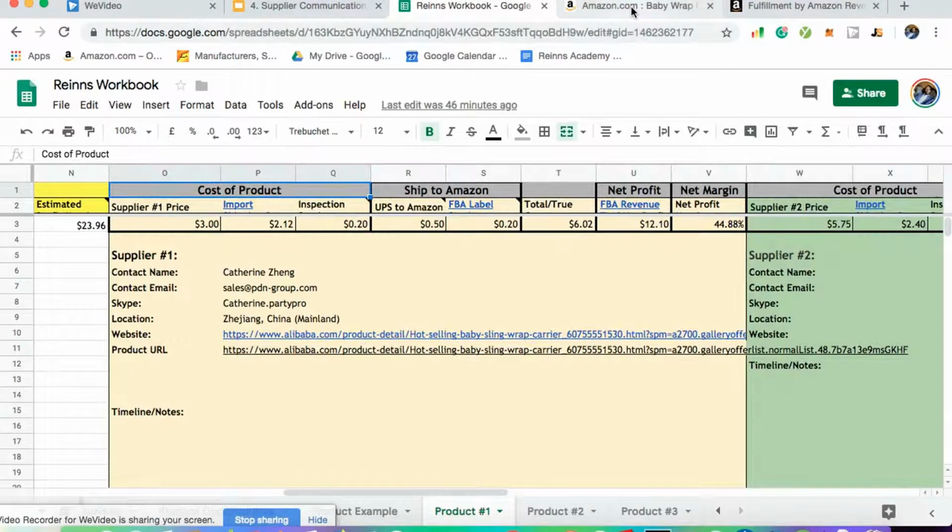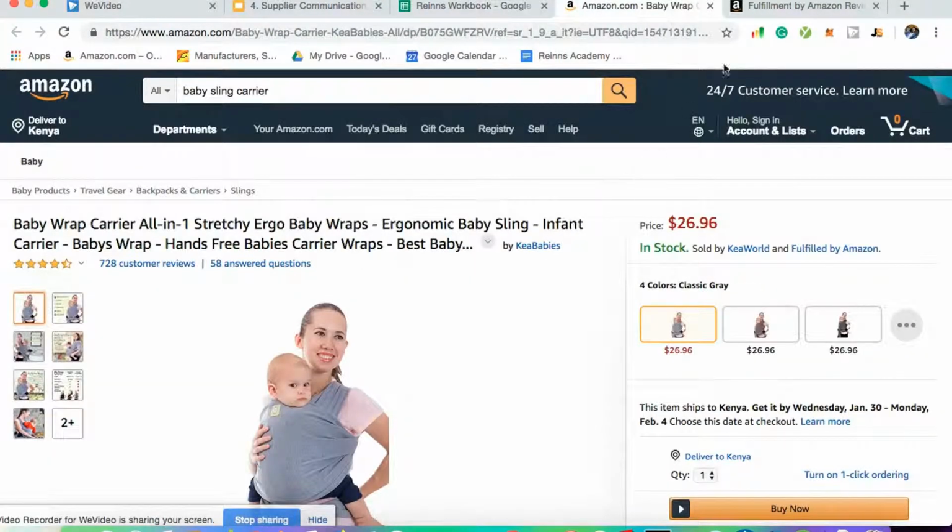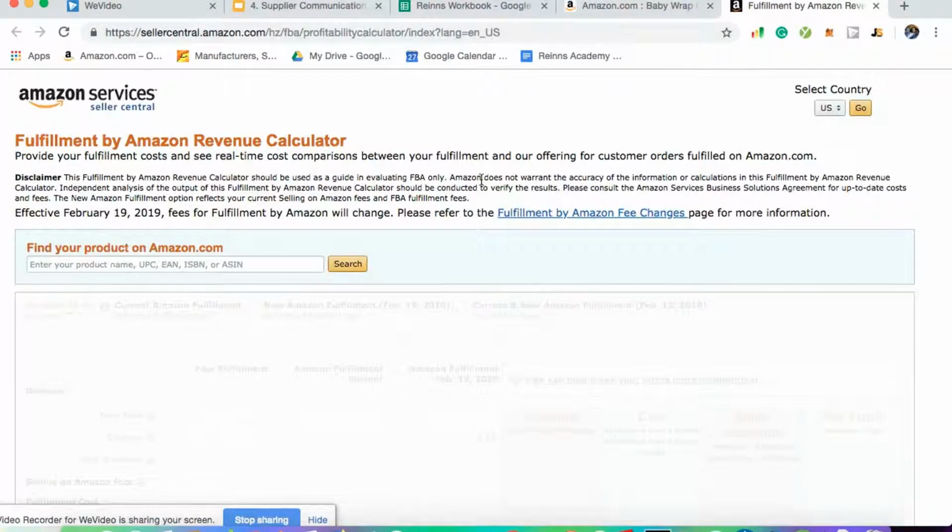So when you are using this FBA revenue calculator, there are things that you need to enter, and I'm going to show you how and what to be using. First of all, let me just refresh your mind. What you enter here is the UPC, EAN, ISBN, or ASIN number.